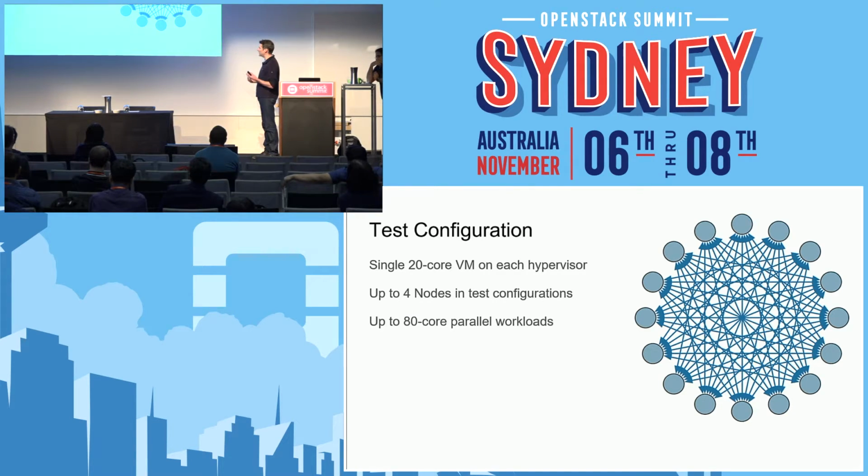So I made a 20-core VM, and I isolated the hypervisor processes from the workload processes. Then when we have 4 nodes running in this configuration, we have an 80-core application.